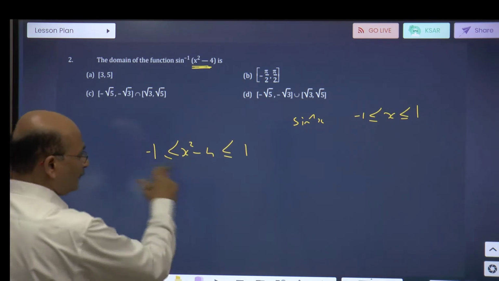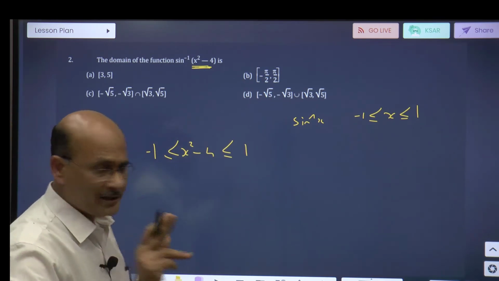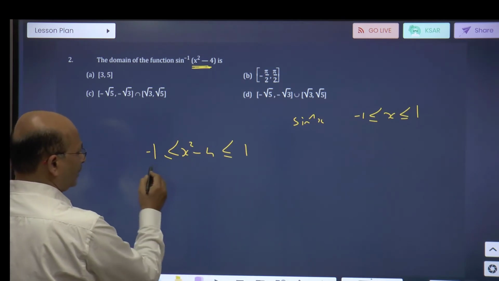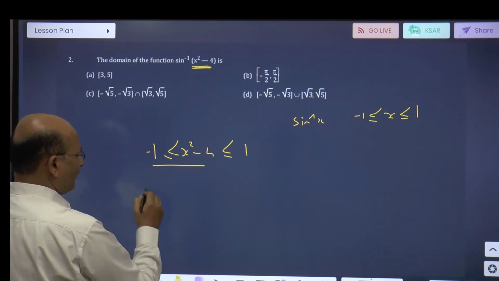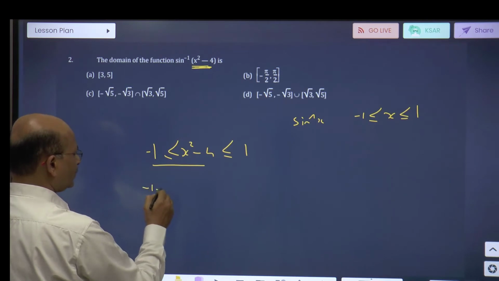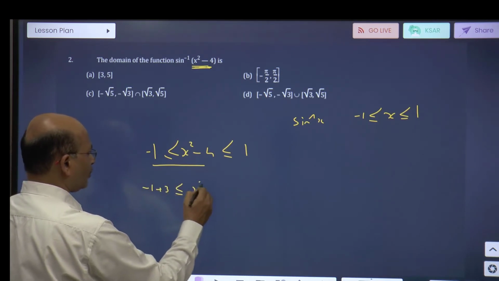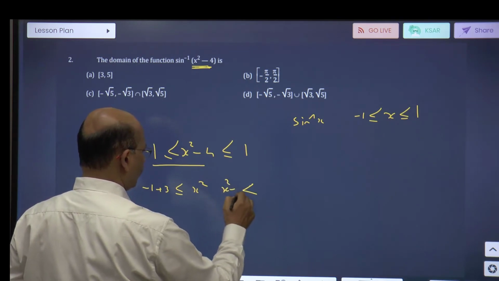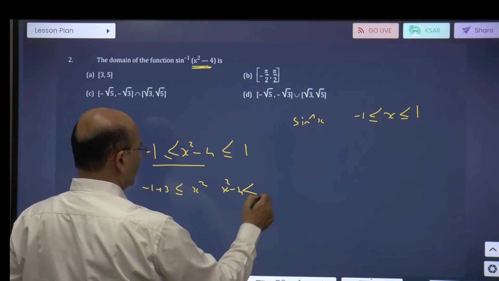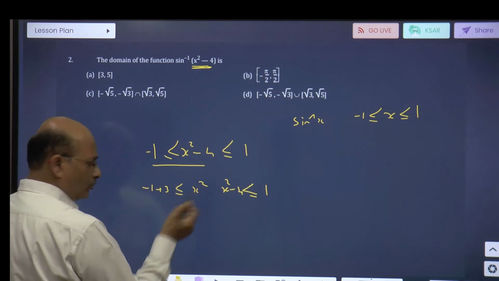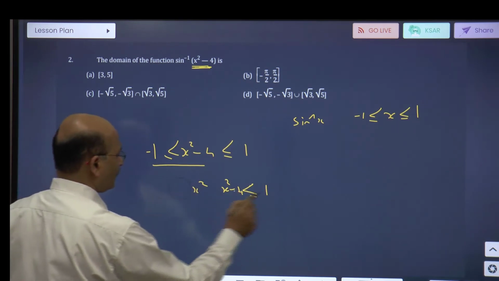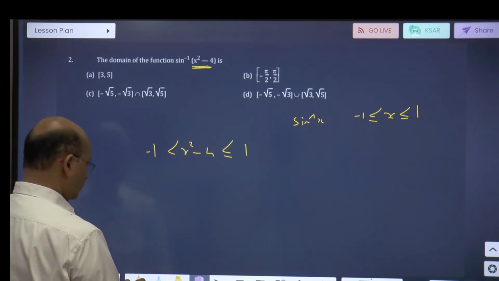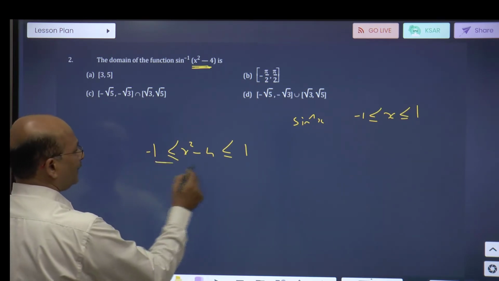Okay, so if it's a quadratic inequality, I want to find the range. Pay attention, I will compare this and this.